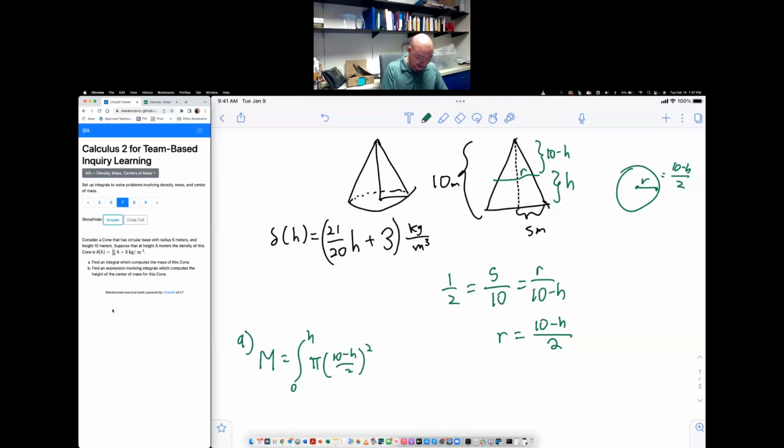And then the density is 21 over 20 h plus 3 kilograms per meter cubed. And all of that is going to be with respect to h. And it will have units kilograms.